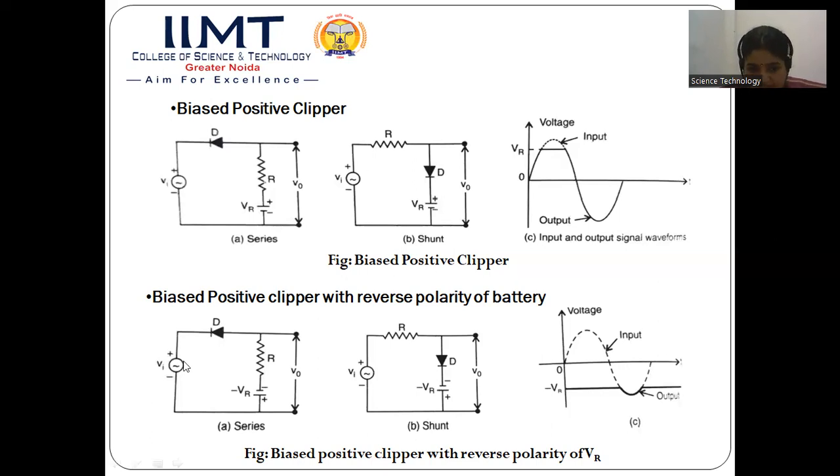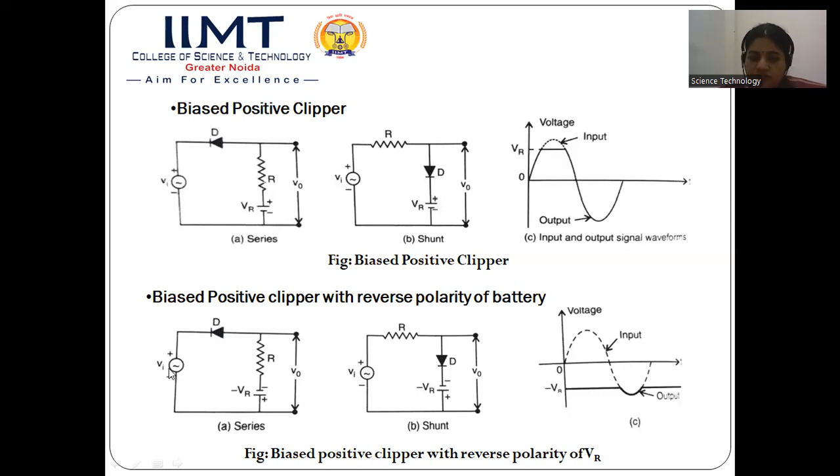In the next half cycle, that is the negative half cycle, what will happen? This diode will become forward biased, but as per VR, this diode is reverse biased. So as long as the value of Vi is less than VR, this diode will be in the reverse bias situation, and there will be no output voltage.